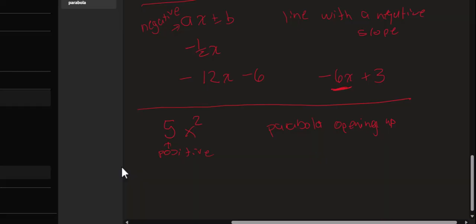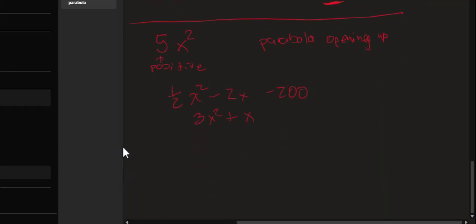So I could have 5x squared, I could have 1x squared minus 2x minus 200. I could have 3x squared plus x. I could have 6x squared minus 5. The thing that's important is the x squared and the positive. That makes it a parabola going up. And if I have an x squared with a negative, that makes it a parabola opening down.